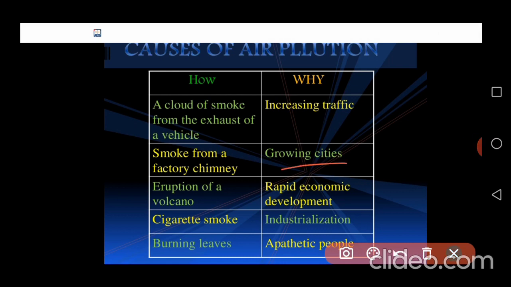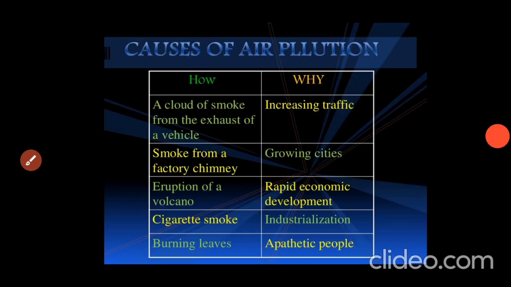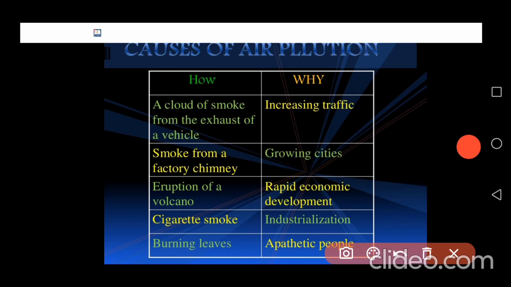Next, another very important cause is the eruption of a volcano. The eruption of a volcano is very dangerous. A volcano produces a large amount of smoke, and that smoke contains very dangerous gases, including carbon monoxide and carbon dioxide.